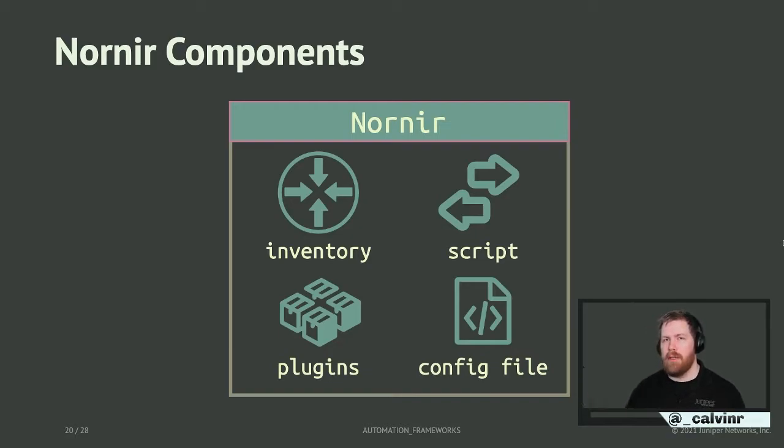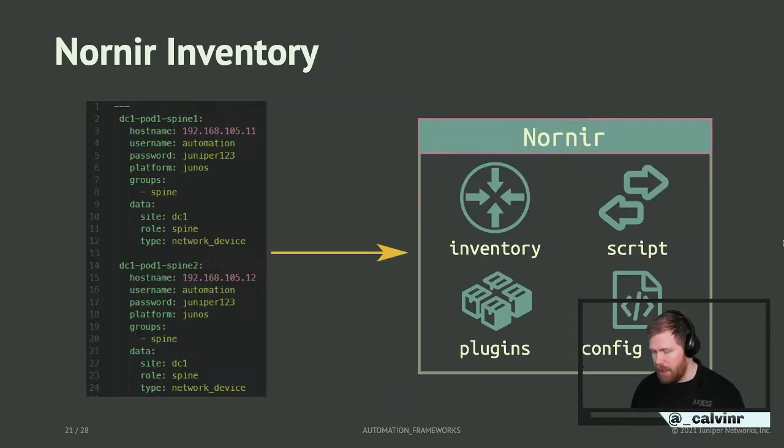The execution: Nornir, being an automation framework, will handle the building of a connection to a remote device, either through Netmiko, ncclient for NETCONF, or NAPALM, or all kinds of other network drivers out there for you. And then there's a config file as well.